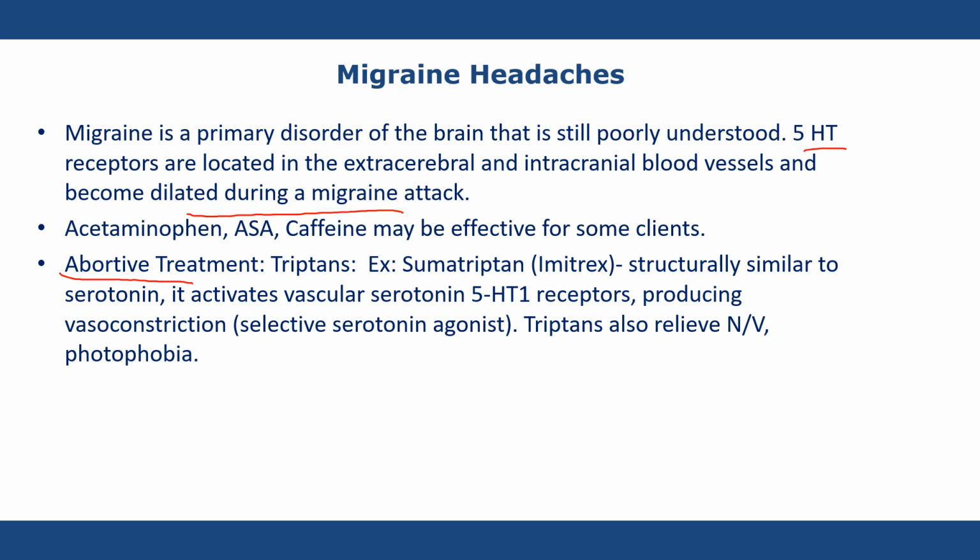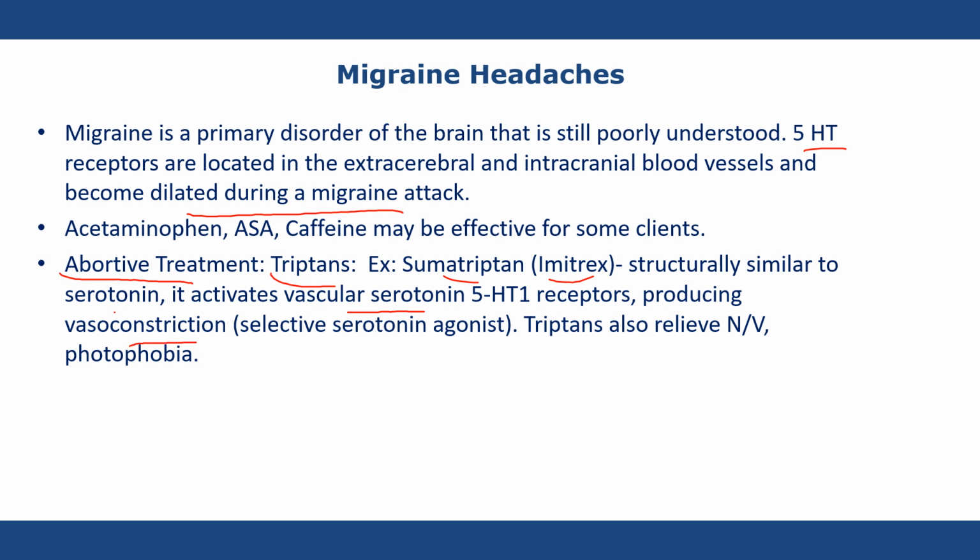The class of agents that helps with abortive treatment is triptans. They end with triptan. So sumatriptan, a very common drug, Imitrex is the brand name, structurally very similar to serotonin itself. So it will activate the vascular serotonin receptors, 5-HT1 receptor, and produce vasoconstriction.